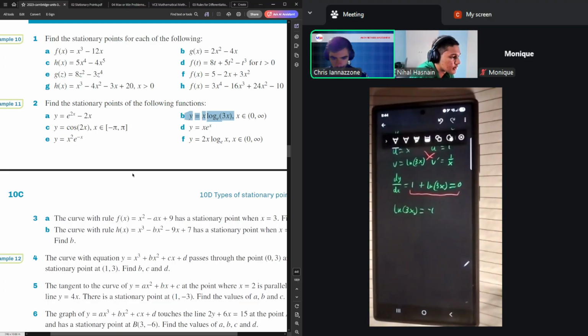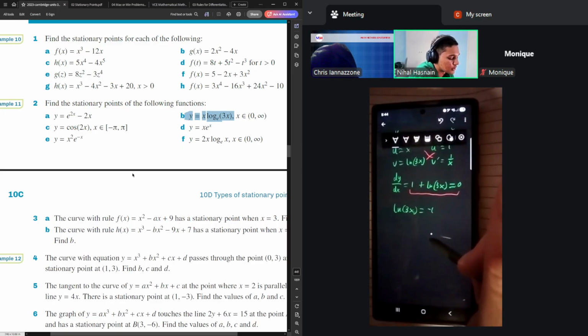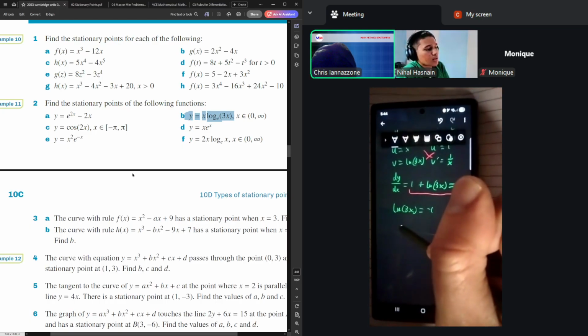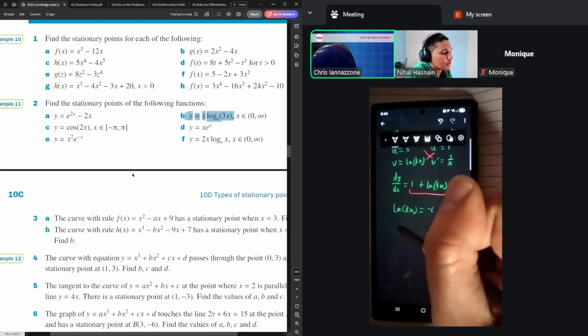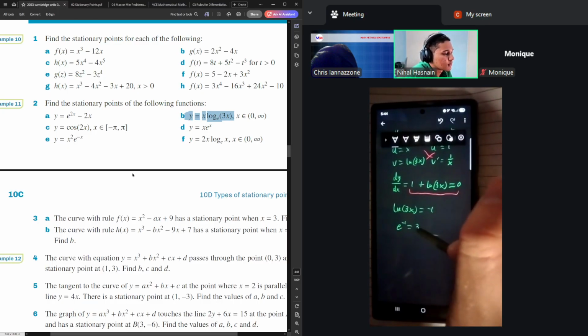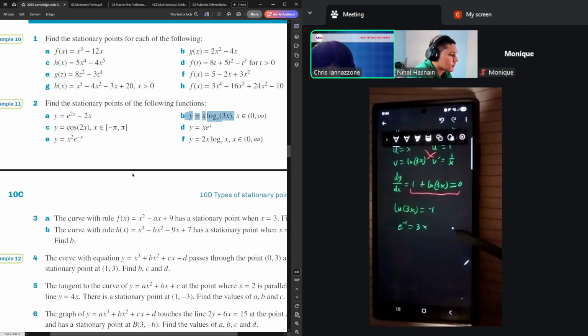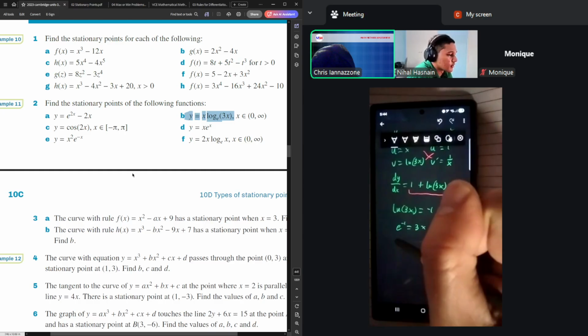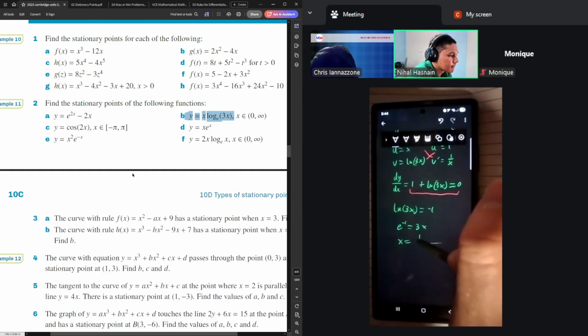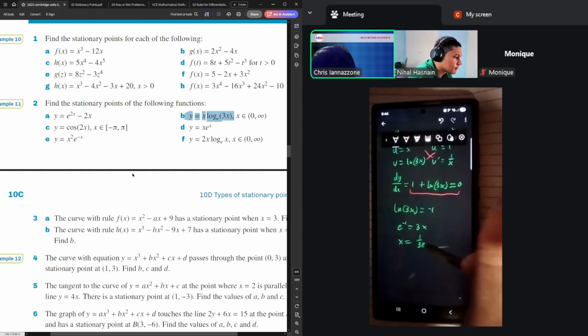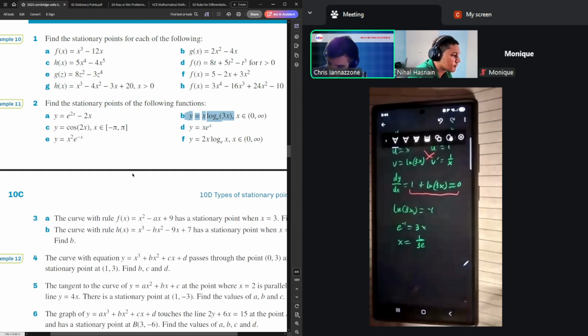Well, you just change the format to the exponent. Yep. So e to the -1 equals 3x. That's it. Very good. Basically, the logarithm is base e, so the base of the exponential should be e, and then you just swap the sides of the terms. So x equals 1 over 3e. Absolutely. Easy.